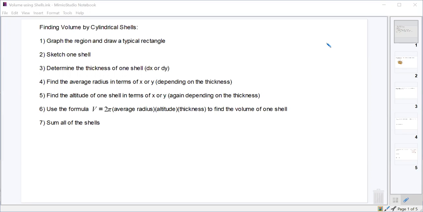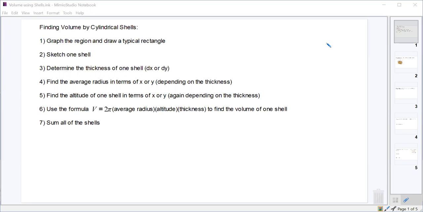Think about a toilet paper tube when it's empty. That's pretty thin, right? Well, this is infinitesimally thin. It's so incredibly thin that you cannot even see that there's thickness to it. And that's going to be our dx or our dy, whatever direction the thickness of the shell or cylinder is going. Does that make sense?